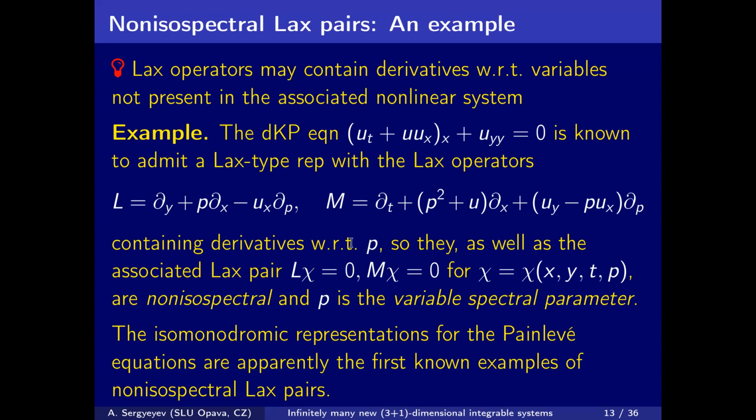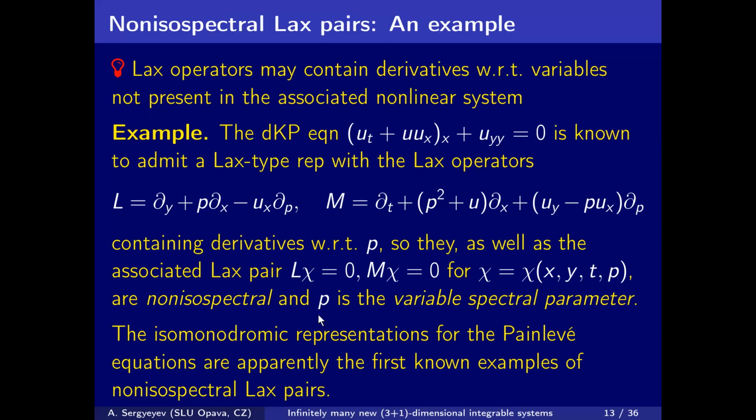Okay, and for this reason, the Lax pairs of such a kind, which involve some additional variables, okay, more precisely, additional independent variables not present in the original system, and also involving the derivatives with respect to such additional variables, such Lax pairs are called non-isospectral.